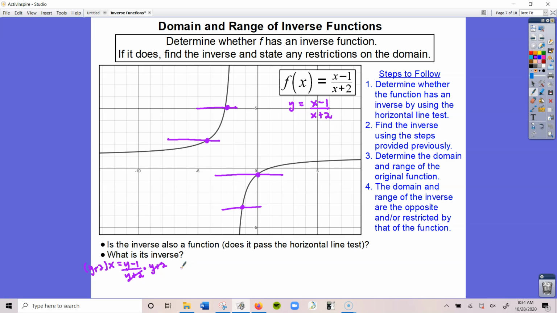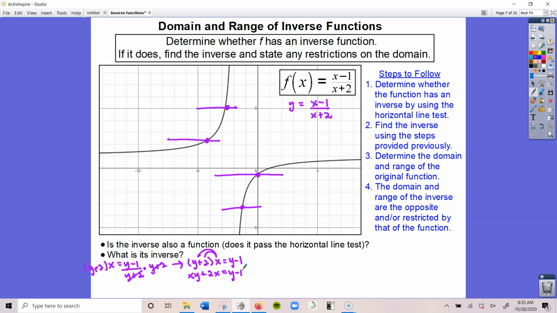So now what I have is y plus 2 times x is equal to y minus 1. In this case, before we did not distribute, but now we are. I'm going to distribute this x. So xy plus 2x is equal to y minus 1.